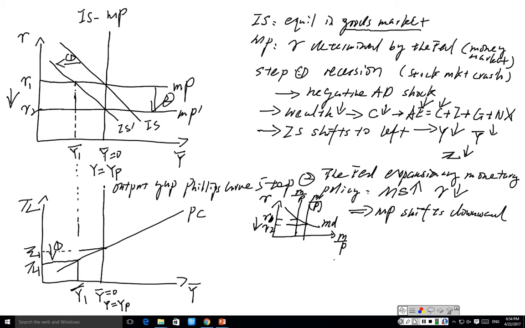And if we go back to the output gap Phillips curve, in order to push the output back to the output gap y equals 0, the inflation rate has to go up, from pi 2 to pi 1, because then the output level will go back to the initial level.